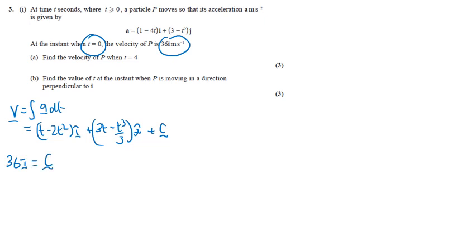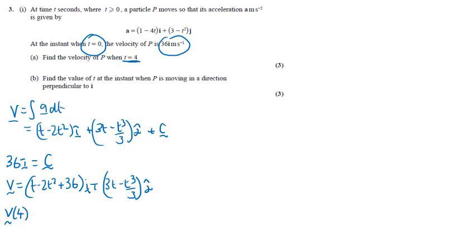And we get 36i equals c. So if we put that all back together, we've got v is equal to t minus 2t squared plus 36 in the i direction, and then plus 3t minus t cubed over 3 j. So there's our general expression for v at any time, and we want to find the velocity when t equals 4.